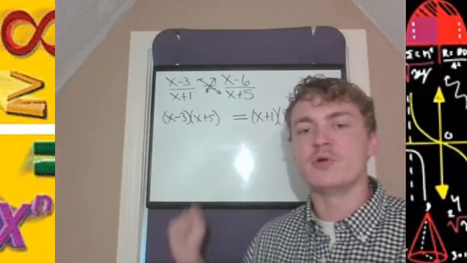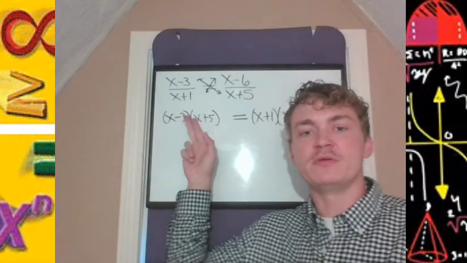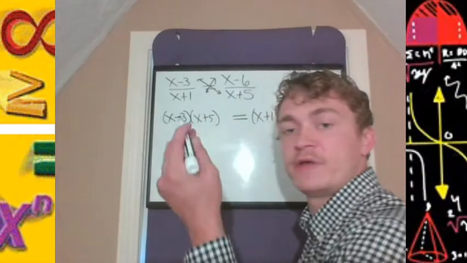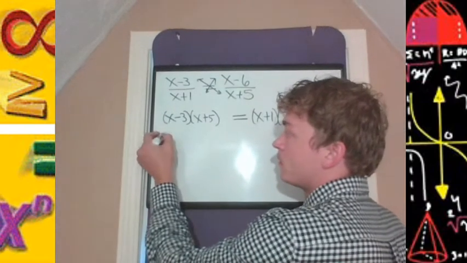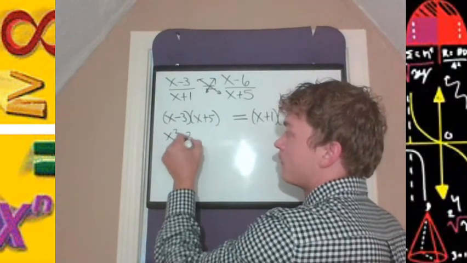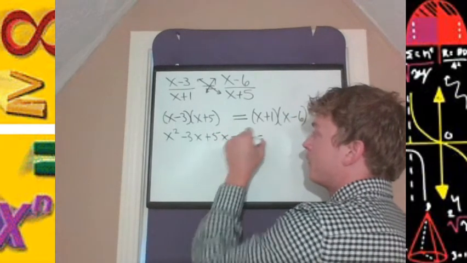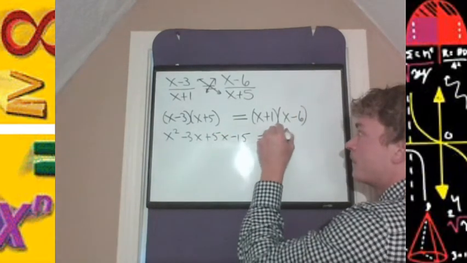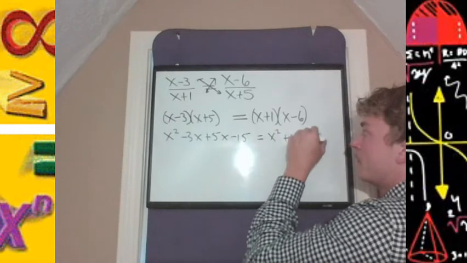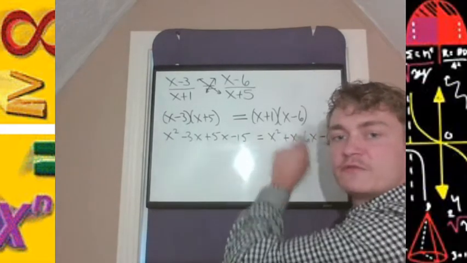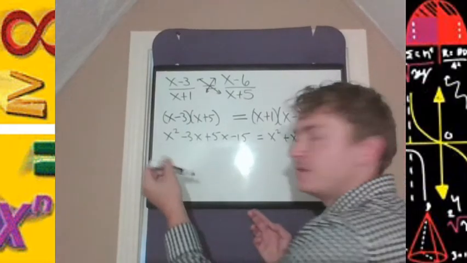So to solve for the variable x, we first distribute and distribute. So we FOIL here and FOIL there. We FOIL everywhere. Our FOIL terms combine on the left-hand side.